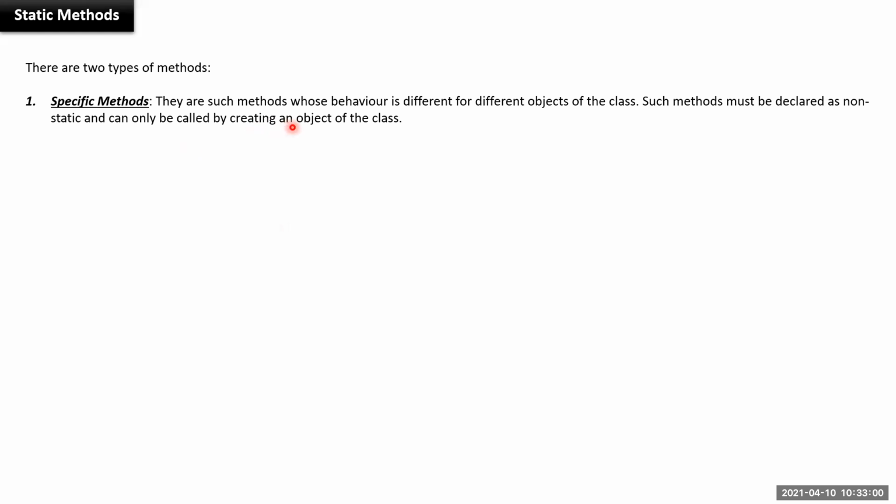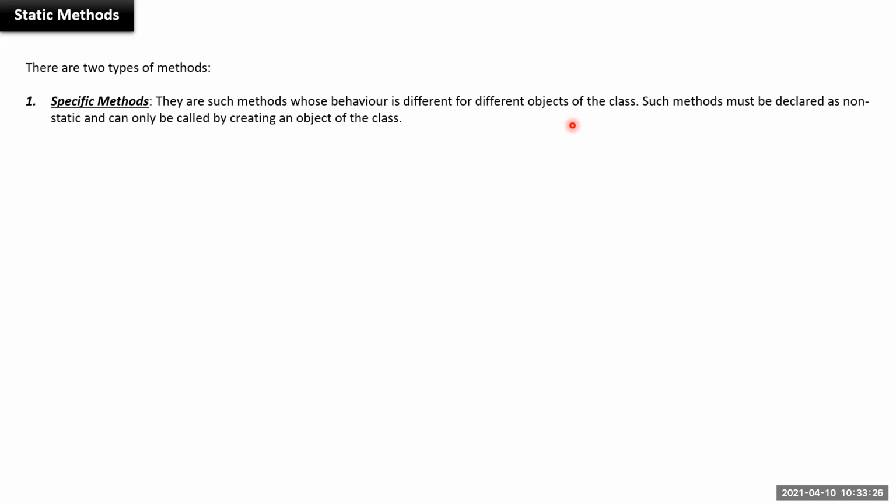They are such methods whose behavior is different for different objects of the class. What do you mean by that? The method is the same, but when you execute it for a particular object, it might be different. For a different object, it might be different. Depending upon each object, the behavior of the method changes.